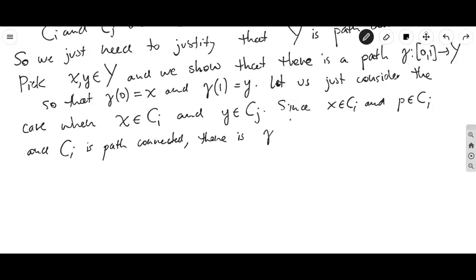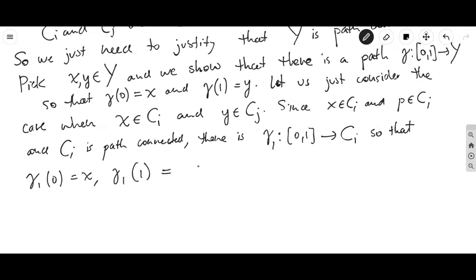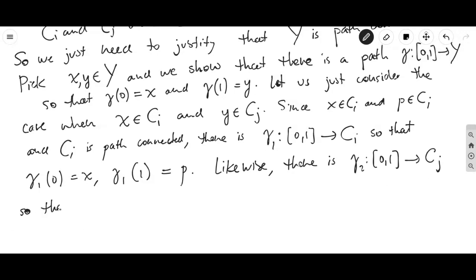There's a gamma 1, and it's a map from 0,1 into Ci, so that gamma 1 of 0 is X, and gamma 1 of 1 is P. And then likewise, there is a path gamma 2 from 0,1 into Cj, so that gamma 2 of 0 is P, and gamma 2 of 1 is Y.